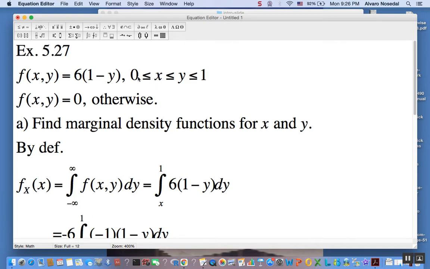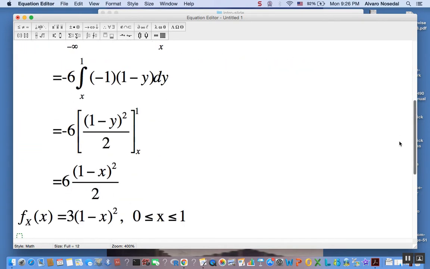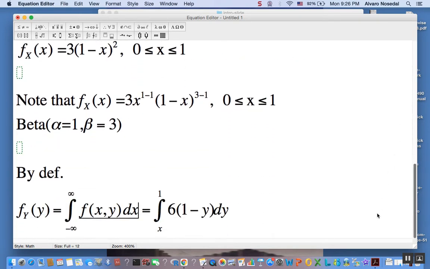X must be greater or equal to 0 and less than or equal to y. X must live between 0 and y.